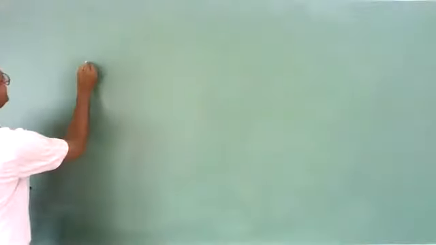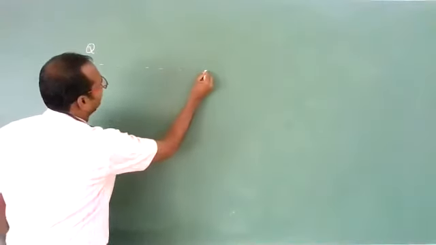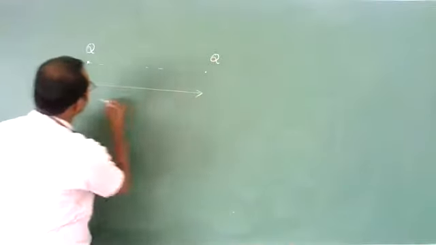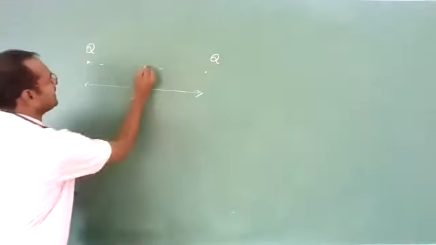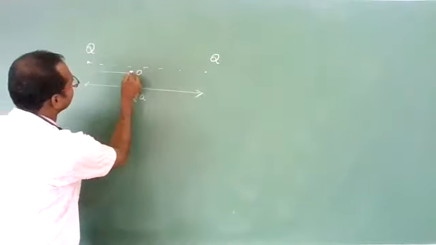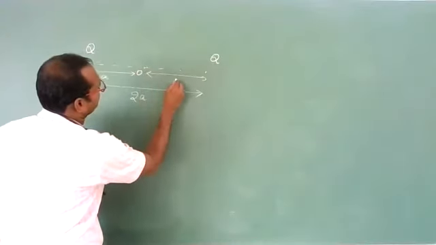See, students, let us take two charges. One is capital Q, another one is also capital Q. The distance between these two is, let us imagine, 2a, and this is the center point O. From here to here the distance is a, and from here to here it is again a.